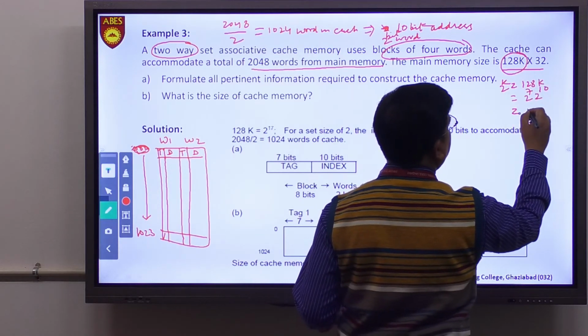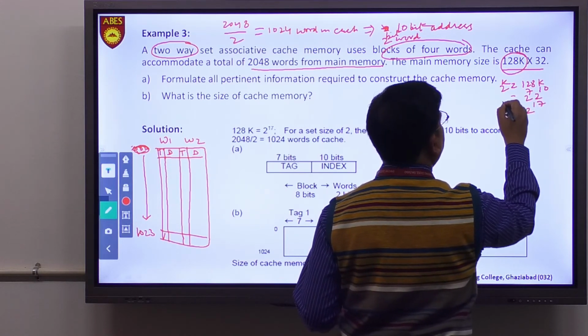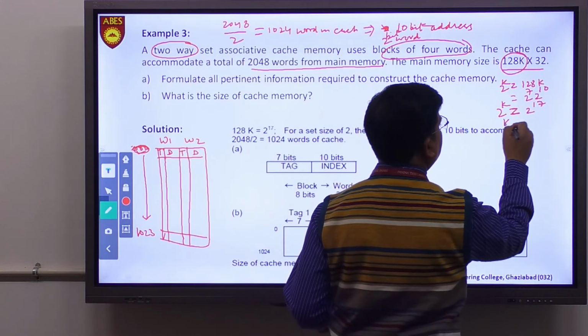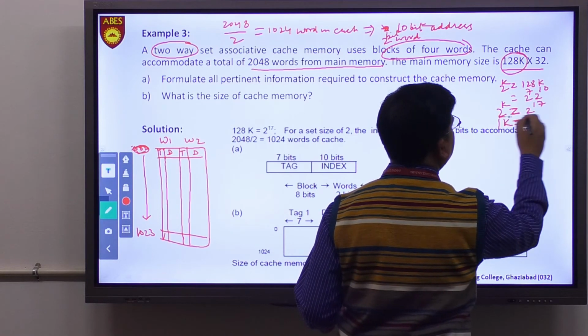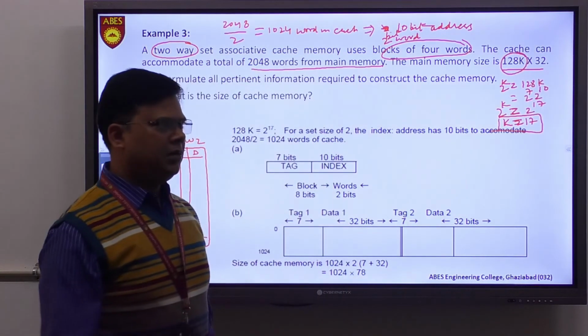This means 2 to power 17. 2 to power k is equal to 2 to power 17, that is k equal to 17. So 17 bits will be the address size for the main memory.